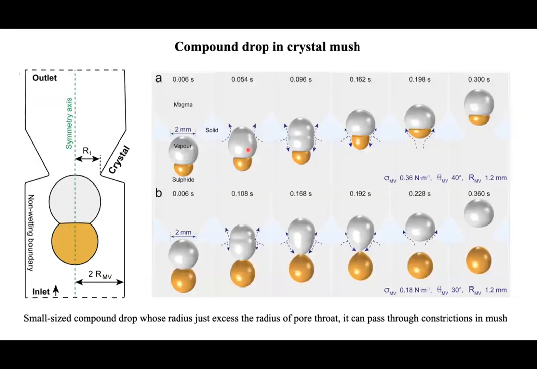Finally, it's just modeling the transport of the compound drop in a crystal mesh. I just passed it through a pore throat like this. Sorry. This is the modeling result. In some cases, this compound drop can safely transport through this pore throat, but sometimes it cannot transport, and it will also give a clean separation between the vapor and the sulfide droplet.